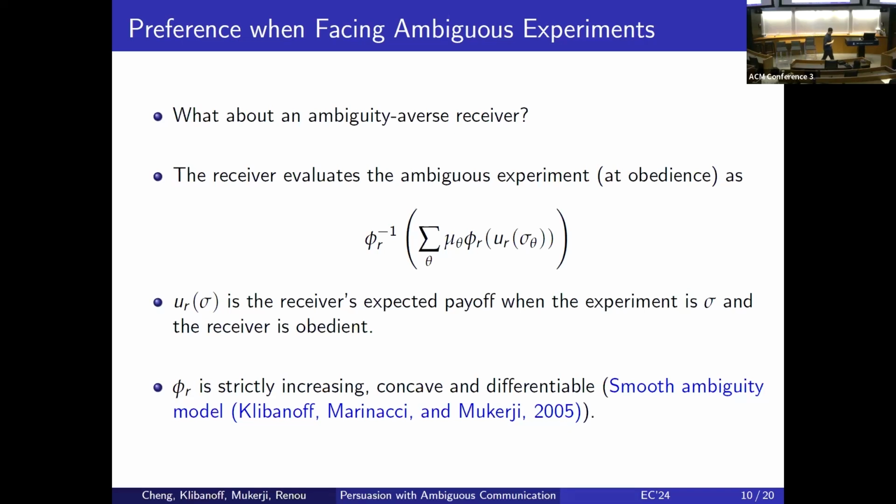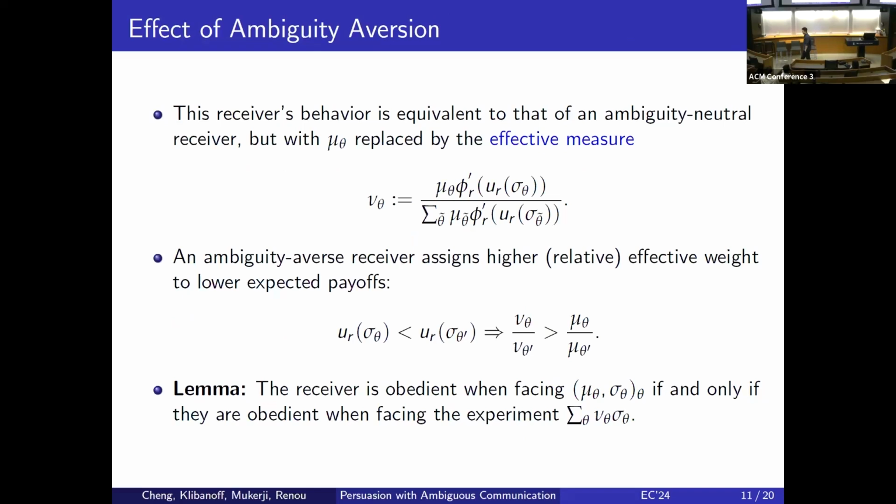Okay, so how does this effect of ambiguity aversion affect how the receiver is going to respond when they're facing an ambiguous experiment? We show that the receiver's behavior is actually equivalent to that of an ambiguity neutral receiver, but when they are facing the ambiguous experiment, they replace the measure mu by this effective measure, which you can think of as a distortion of the distribution mu. This distortion is given by phi r prime of the receiver's payoff from different experiments.